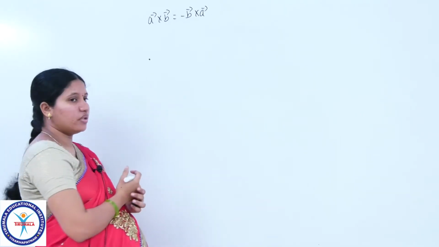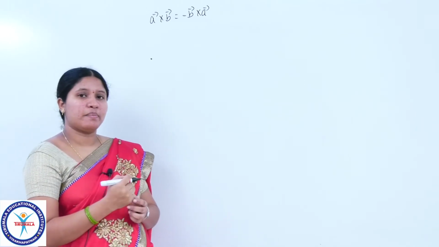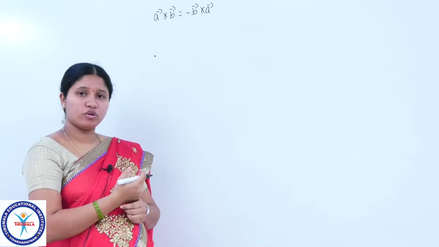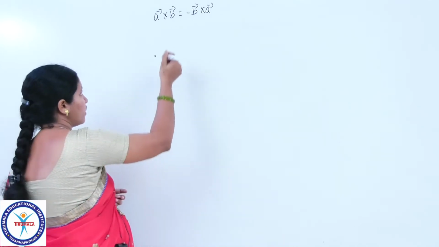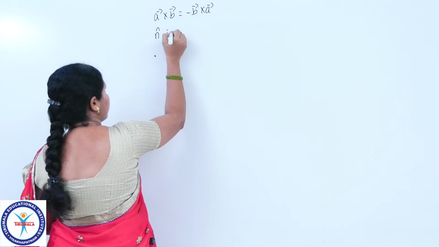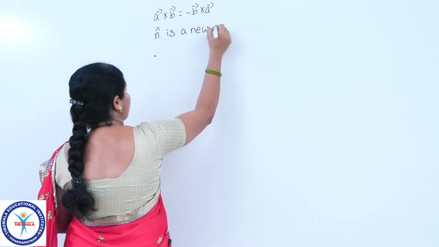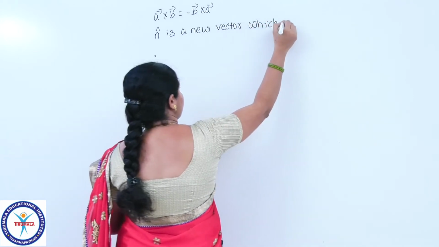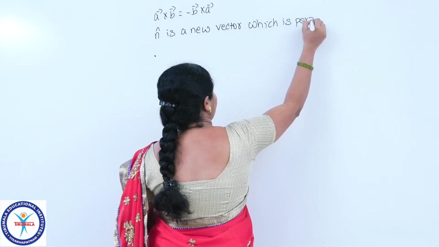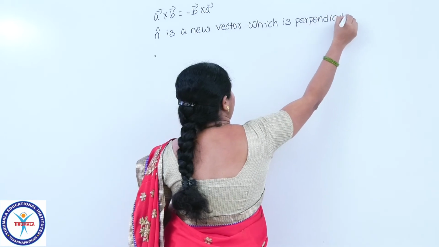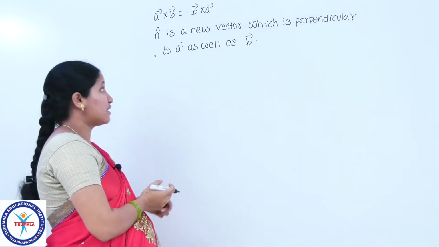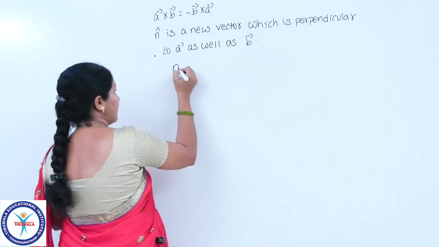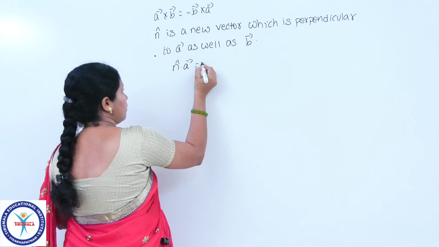So we have already discussed that n cap is also a new vector which is perpendicular to both of the original vectors. So as the third vector, that is the new vector, is perpendicular to a bar, we can say that n cap dot a bar is equal to 0.